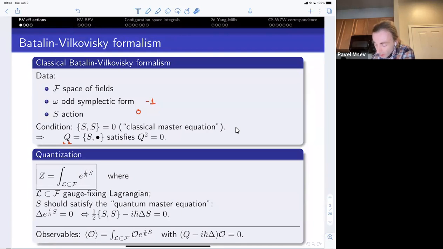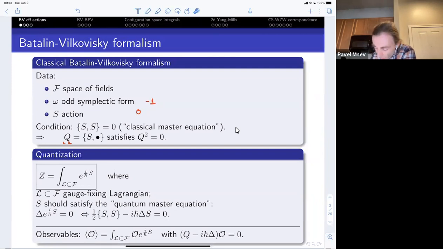And provided that the action satisfies a refinement of the master equation, namely the so-called quantum master equation. Here delta is a canonical second order differential operator on functions on F coming from the symplectic structure, an odd second order differential operator.